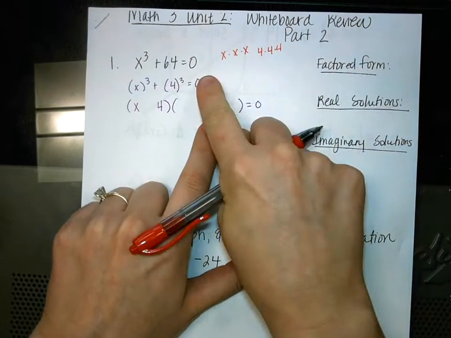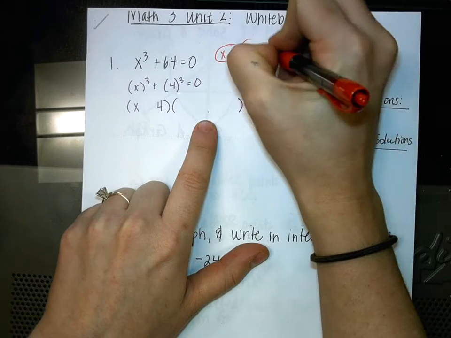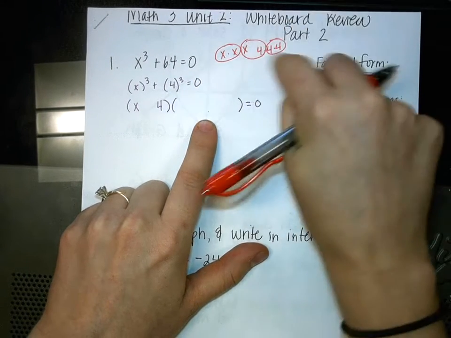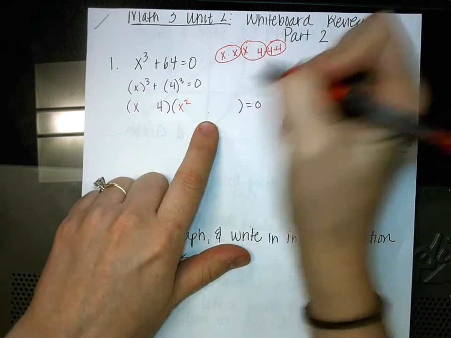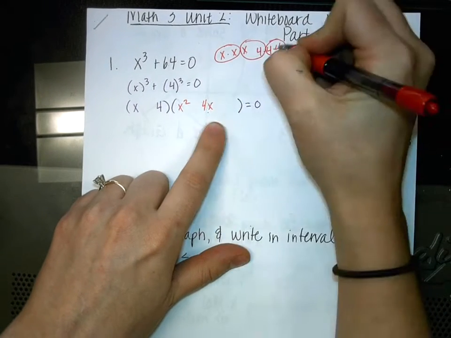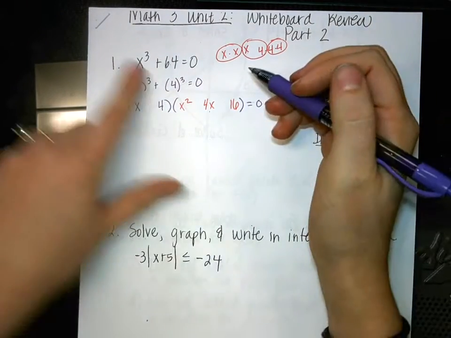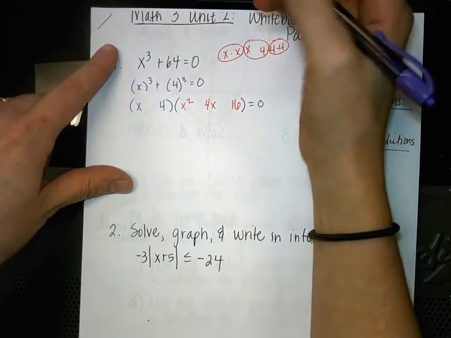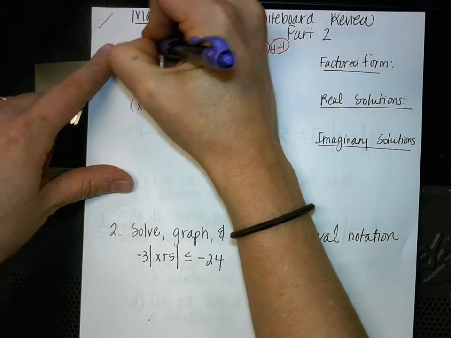And that actually helps me write my trinomial, because I'm going to be grouping these into 3 groups. X times x gives me x squared, x times 4 gives me 4x, and 4 times 4 gives me 16. And then in order to get all of my signs, I use the acronym SOAP.